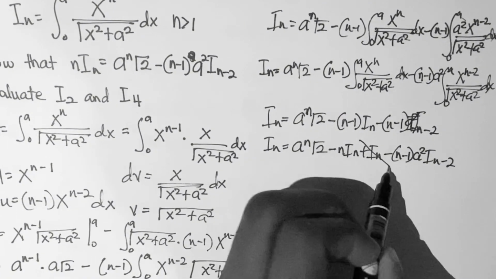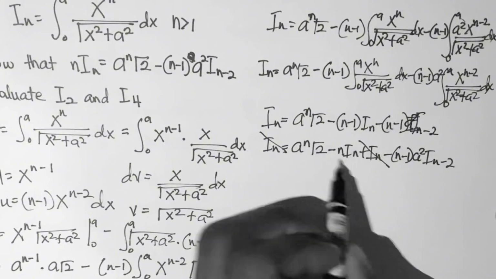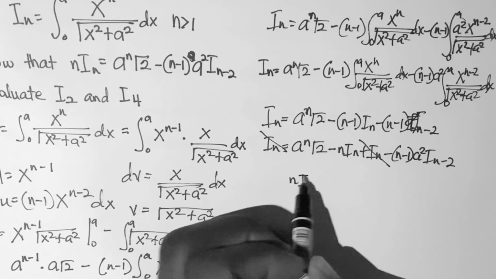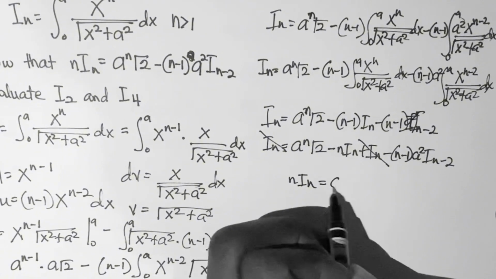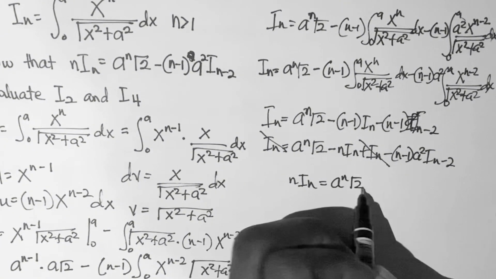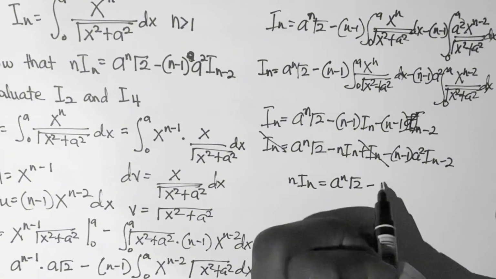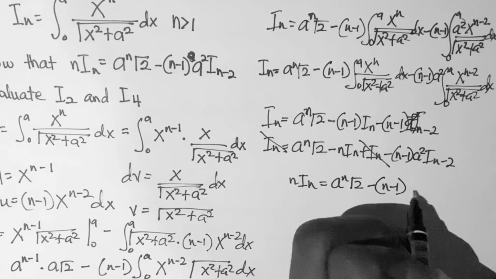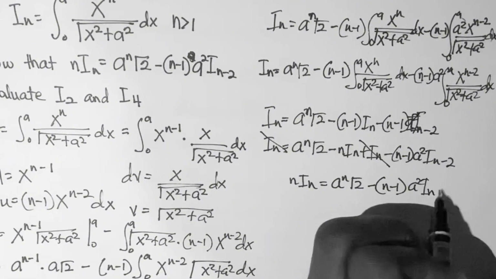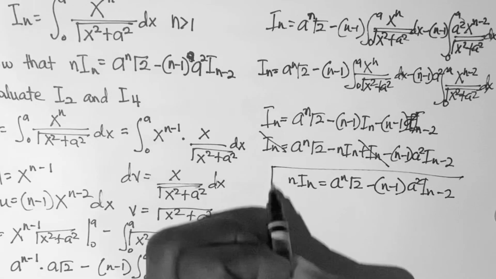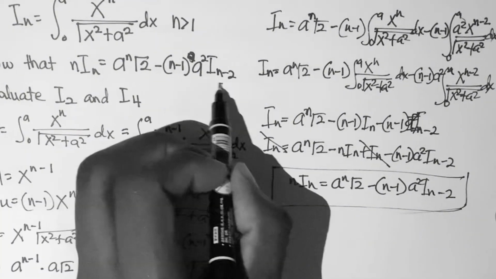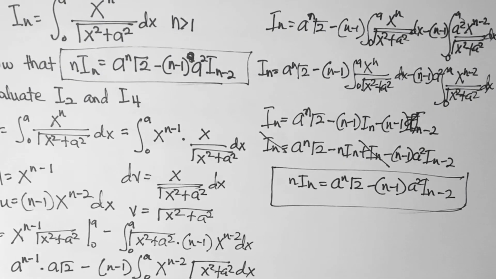So you see that this I of n and this I of n will cancel. If we bring this to the left hand side, we get n I of n is equal to a exponent n root 2, then minus into bracket n minus 1 a squared I of n minus 2. And this is exactly what we're asked to prove in the question.